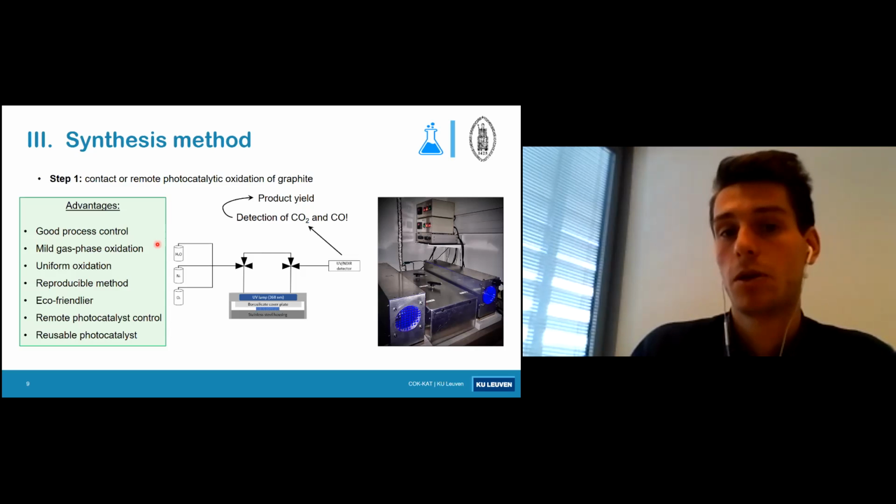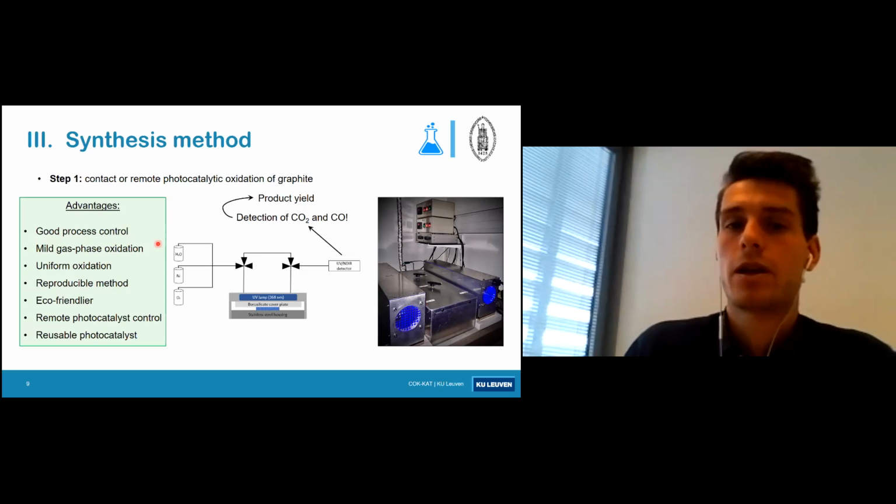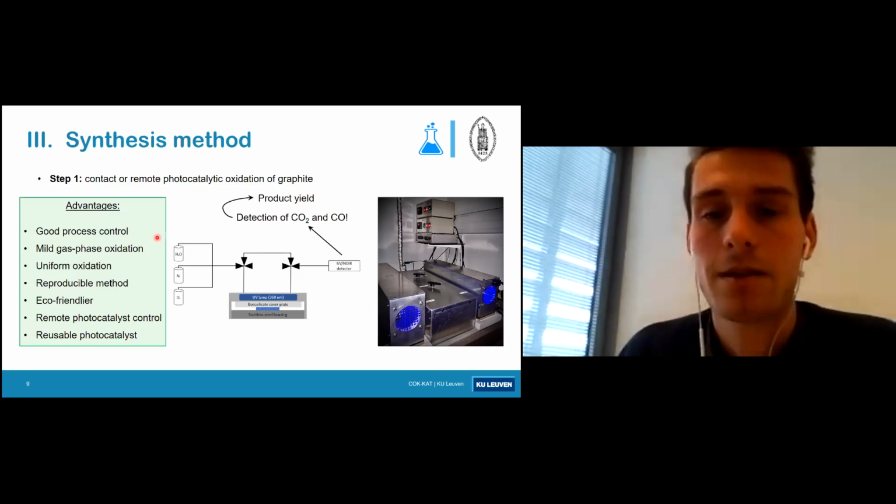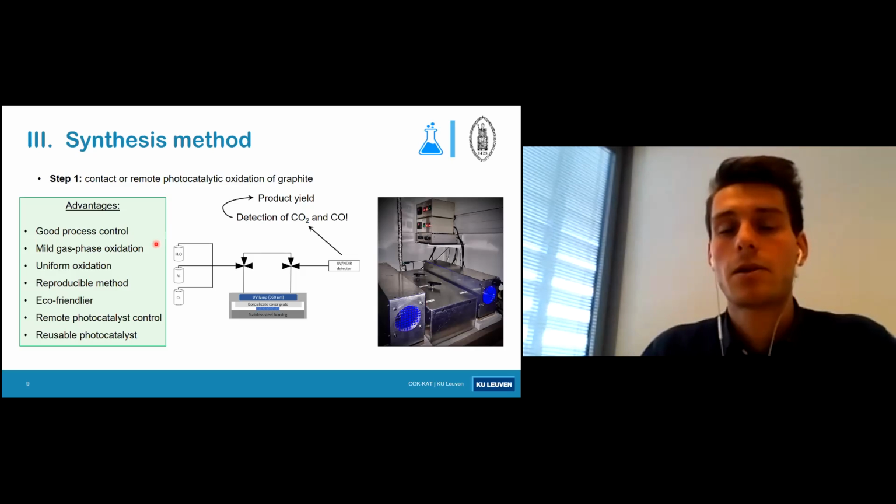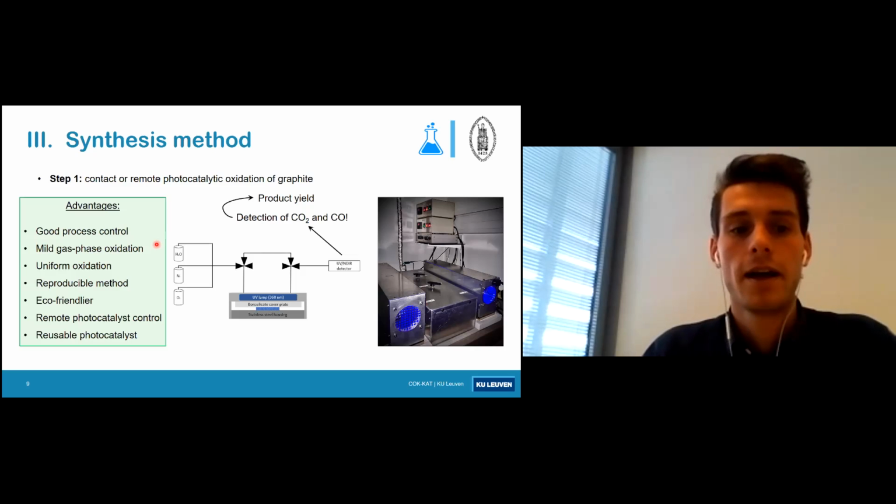For example, the common Hummers oxidation method is very harsh and not so environmentally friendly. It uses strong mineral acids like sulfuric acid and also strong oxidizing agents like potassium permanganate. So it's really a very destructive method for the end material, which is of course not very interesting for an end material like an electrocatalyst, in which you want that conductivity to be high.